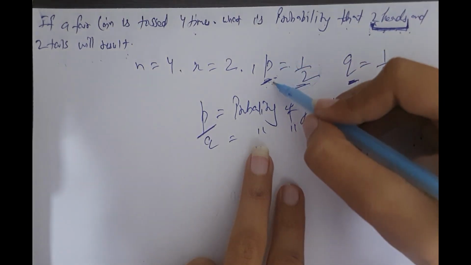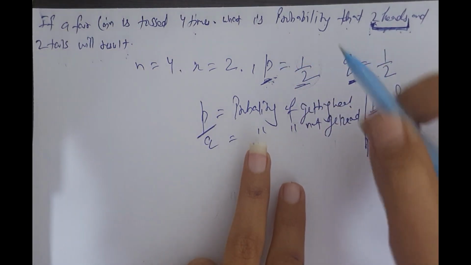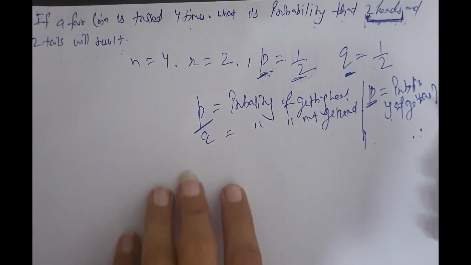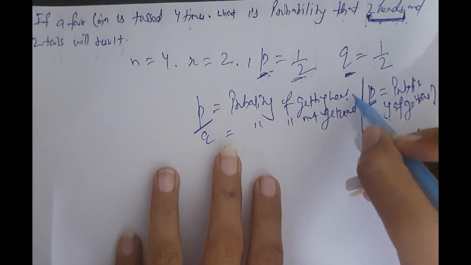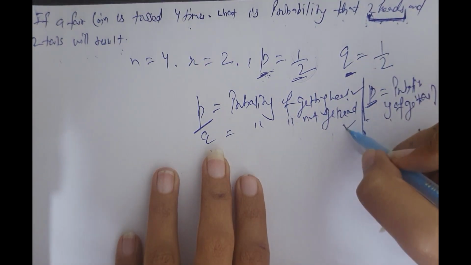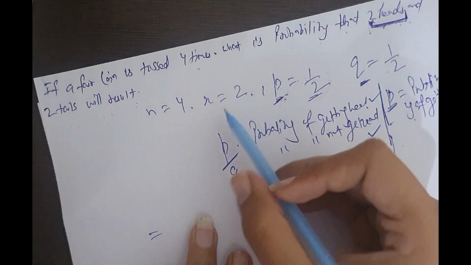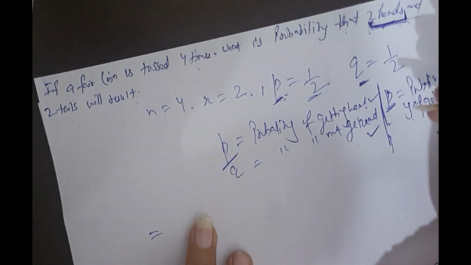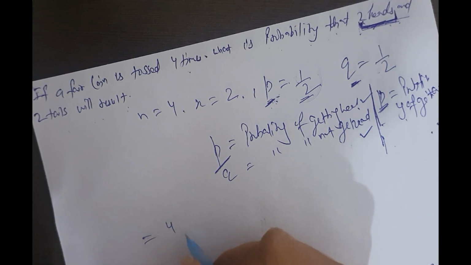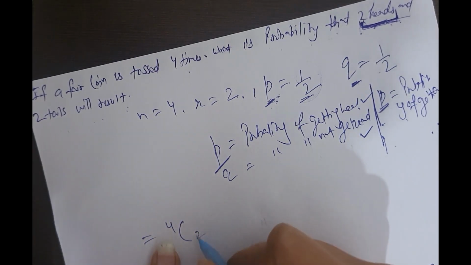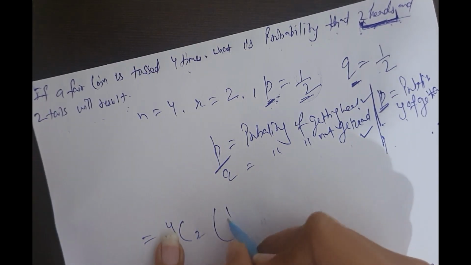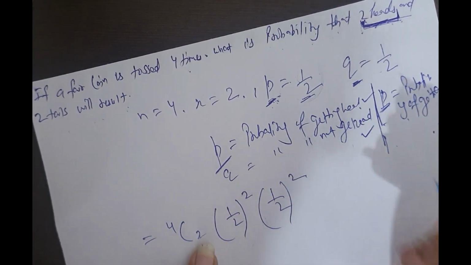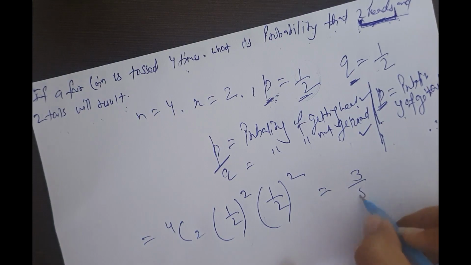We can take p specifically as one success, as one case. So here I am assuming p as probability of getting head and q as probability of not getting head. This is also a GATE question, an easy question. They have framed it in such a way as to confuse you. NCX with N as 4, x is 2, p is 1 by 2 squared, q is 1 by 2 squared. Now solve it, the answer will come out to be 3 by 8.